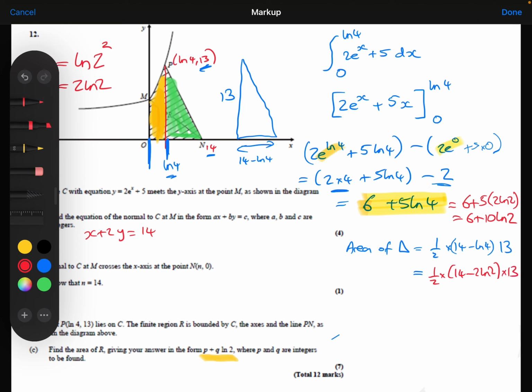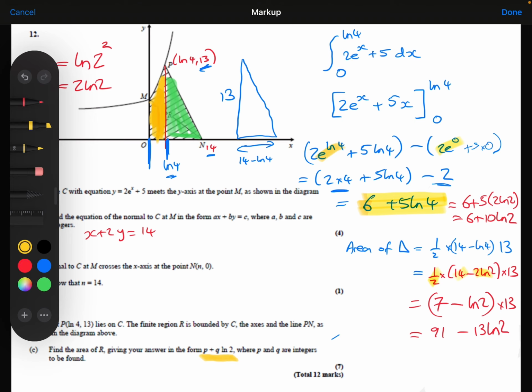Now it's written in that form, I can actually do the half times the 14 and the half times the 2 ln 2, nice and easily. Half times the 14 is 7. Half of the 2 ln 2 is ln 2. Multiplying both of those by 13, so the 13 times 7 is 91, then the 13 ln 2.